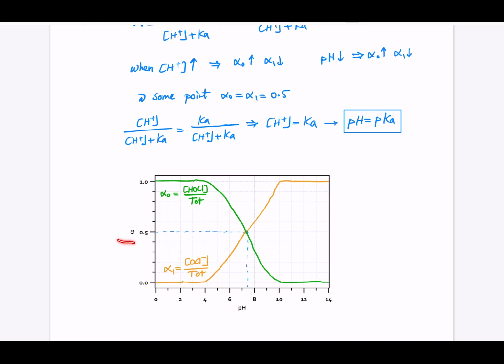By looking at the alpha graph as a function of pH, you can look at the intersection, and this pH would be the pKa of the acid.